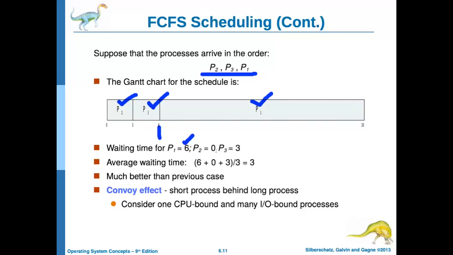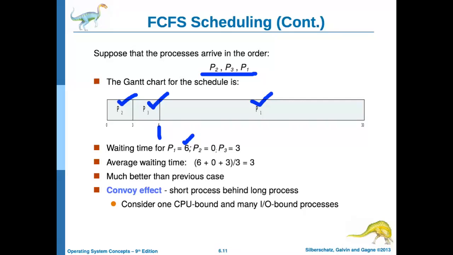You may think 6 is the waiting time. No. For example, if P1 arrives at time unit 2 and it starts its scheduling at 6, what is the waiting time? It is waiting from 2 to 6, so that is 4. That means whenever it is scheduled minus when it has arrived.